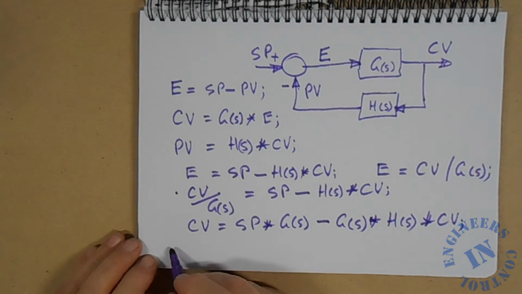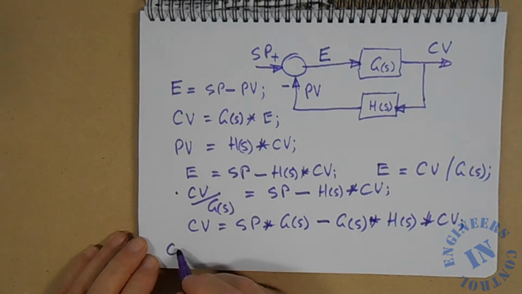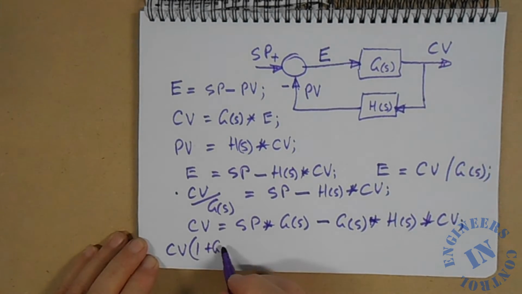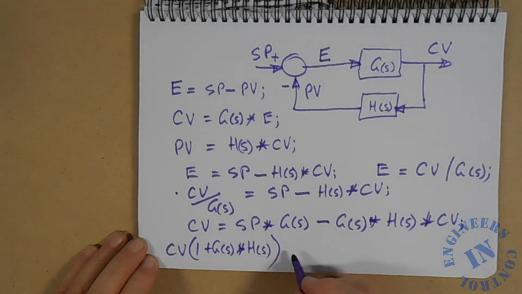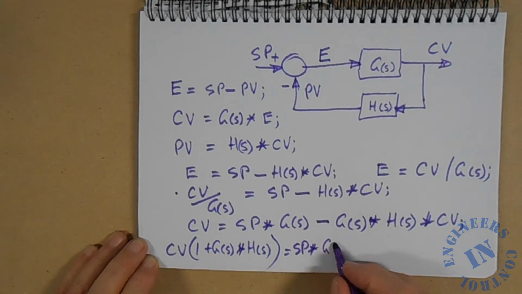So CV into 1 plus G(S) multiplied by H(S) equals set point multiplied by G(S).